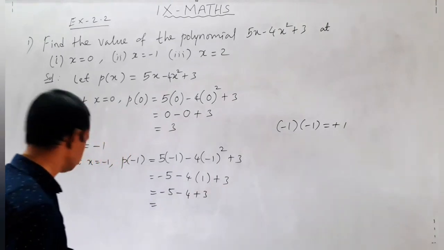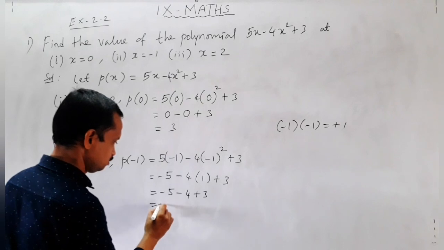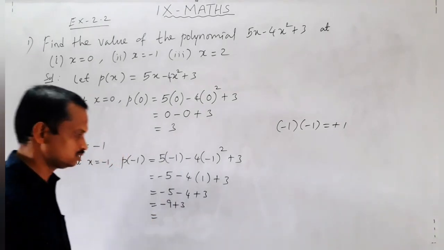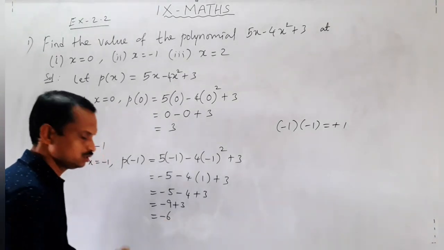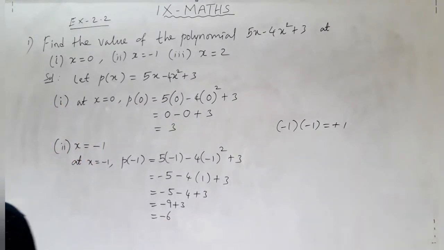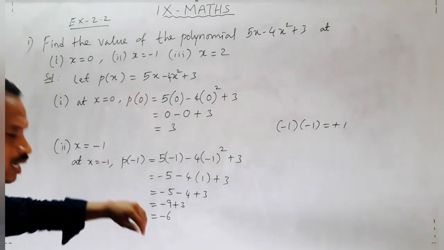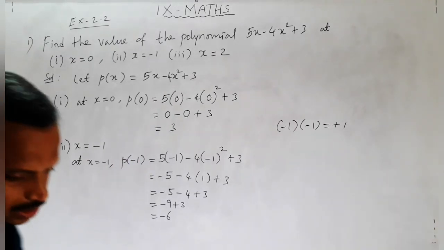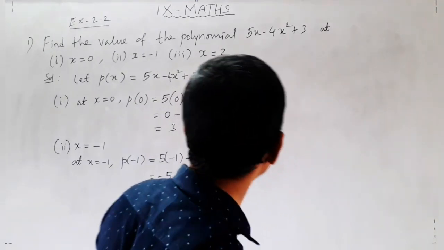Minus 5 minus 4 we get minus 9, and then plus 3, minus 9 plus 3 is minus 6. Clear? So minus 6 is the value of this polynomial p of x at x equal to minus 1.